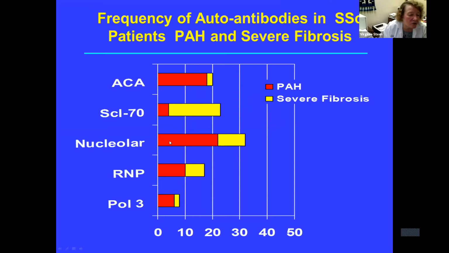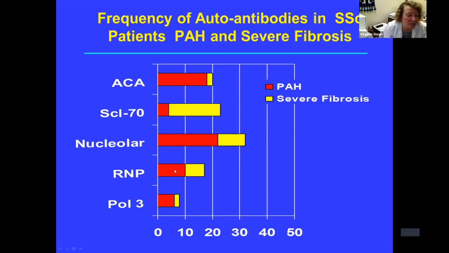You can see the nucleolar antibodies, particularly Th/To and U3, have even more lung disease than the other groups, and it can be both fibrosis and pulmonary hypertension. Likewise for U1, it can be both fibrosis and pulmonary hypertension.